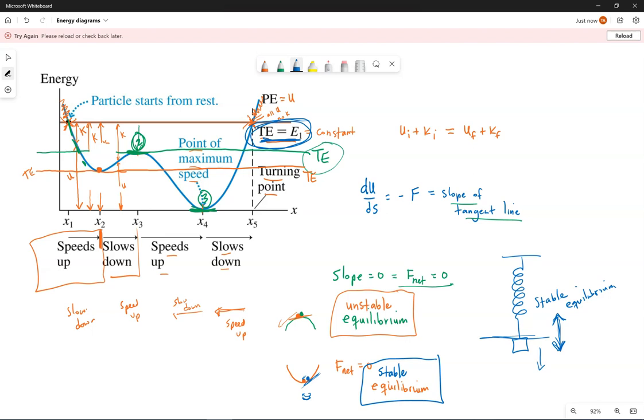If we add energy to a system in stable equilibrium, it will oscillate until eventually, assuming there's thermal energy generated, it will come to rest back at its equilibrium. So unstable means it doesn't come back. Stable means it would come back.